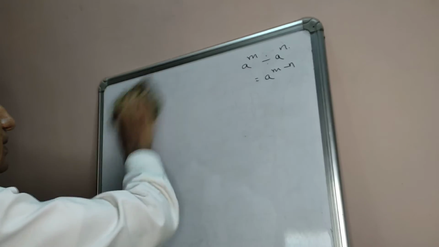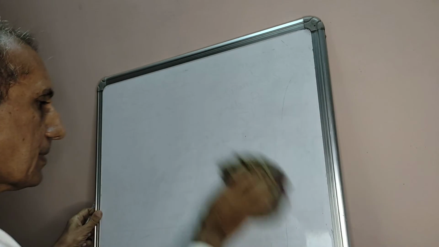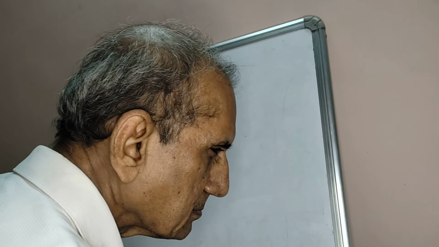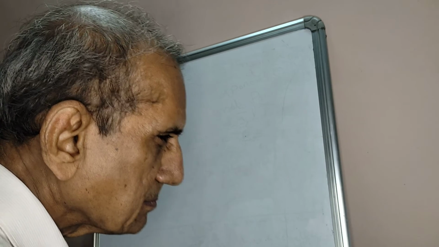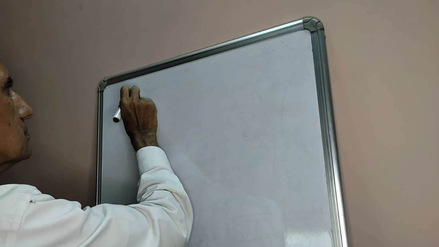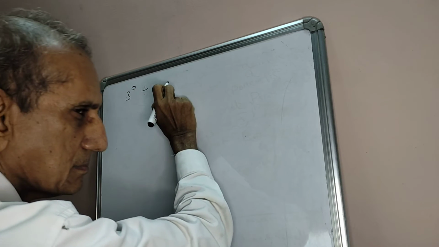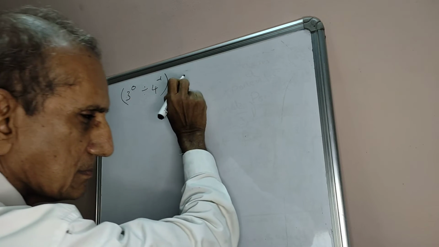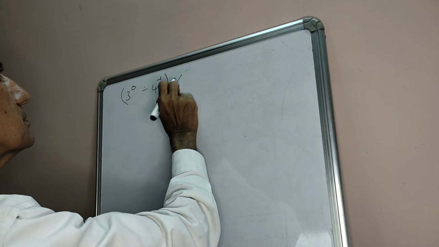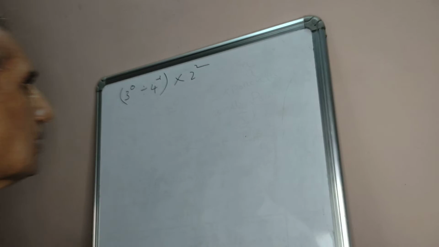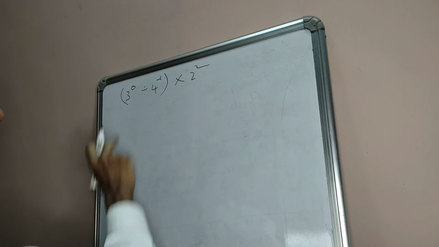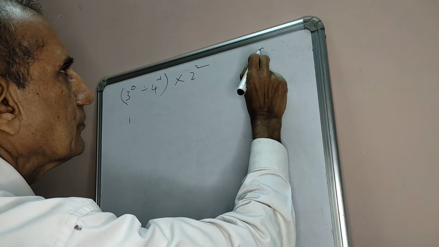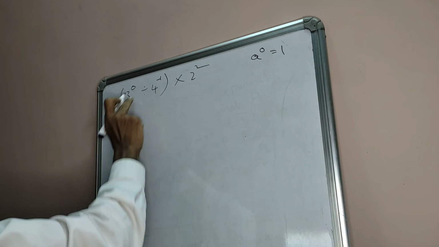Next, we'll quickly move on to the next one. How do you solve this? Now you know anything to the power of 0 is always 1, because a^0 is equal to 1. So this happens to be 1.